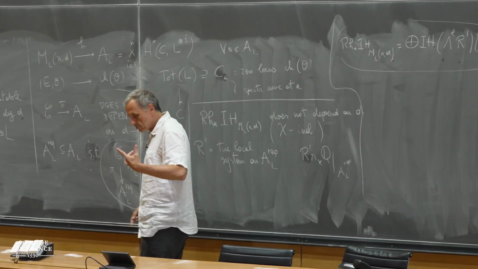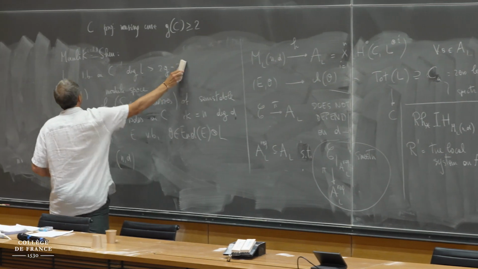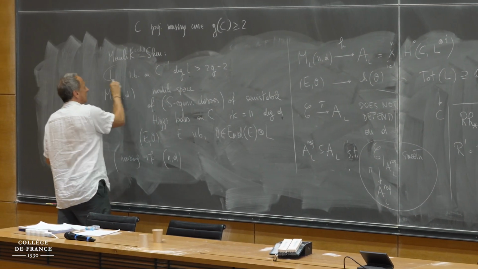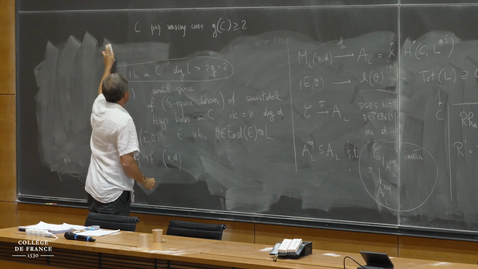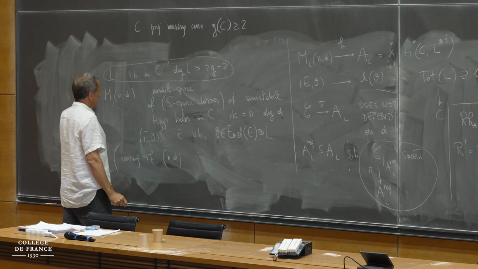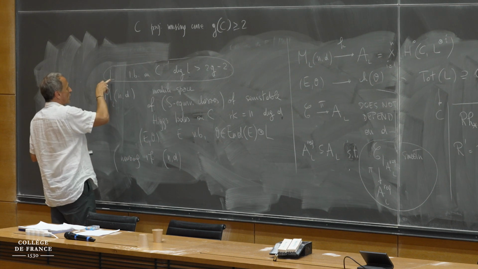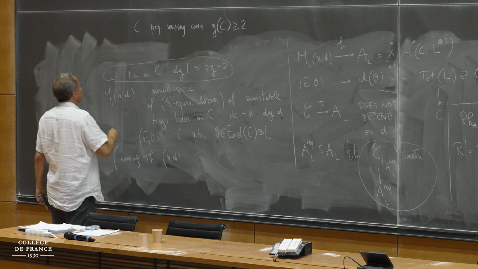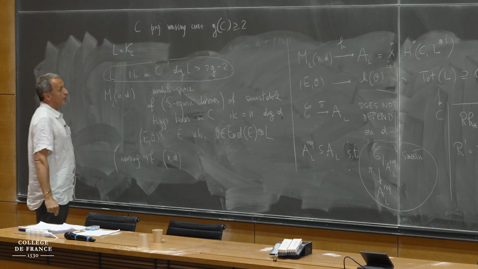And it's what prompted our curiosity. This assumption is crucial, so we wondered what happens in the critical case. The critical case is when, instead of a line bundle of degree bigger than 2g minus 2, we take L equal to the canonical bundle.